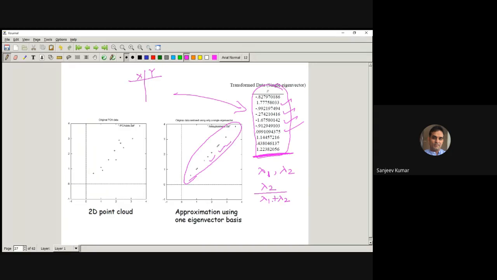In the denominator you have the sum of all eigenvalues, and in the numerator the sum of the eigenvalues you have selected, multiplied by 100. This much percent of the variability of your data you are preserving.